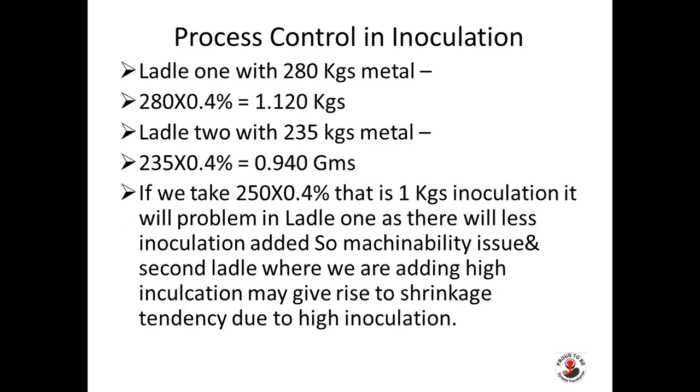If we take 250 into 0.4%, that is 1 kg of inoculation as a standard, then for the first ladle inoculation will be less, and for the second ladle inoculation will be more. So to avoid it, one has to take the exact weight of inoculation based on the metal they plan to take in the ladle.